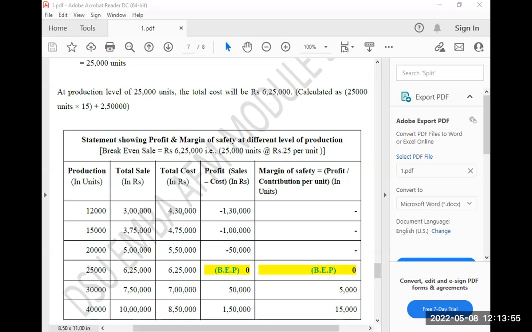In the original data, the contribution is 20 minus 15, 5 rupees, divided by 20. So it is 25%. So 60,000 divided by 0.25 is equal to margin of safety sales. This is coming in terms of value. If you use 60,000 per unit contribution, it will come in units.